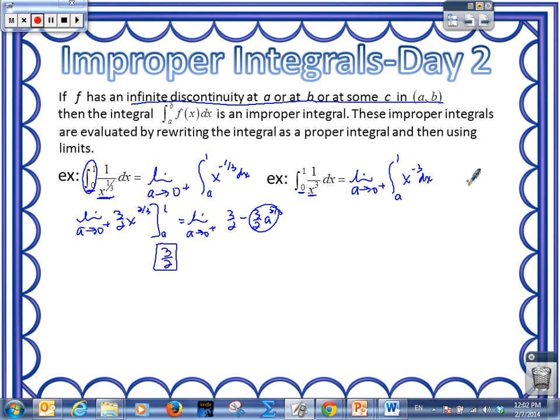So that equals the limit as a goes to 0 from the right of negative 1/2 x to the negative 2. I'm just going to write it like that. And we're going to evaluate that from a to 1. Okay. So then we do our f of b minus f of a.